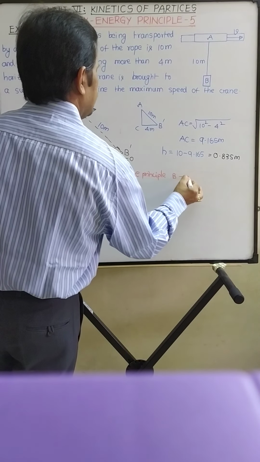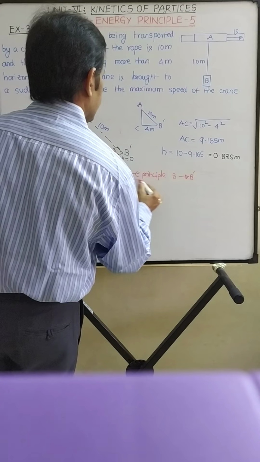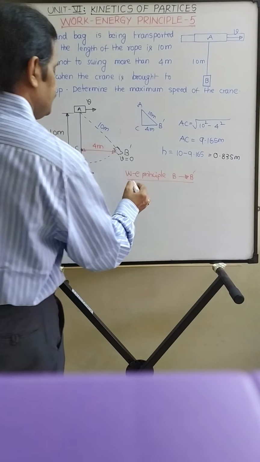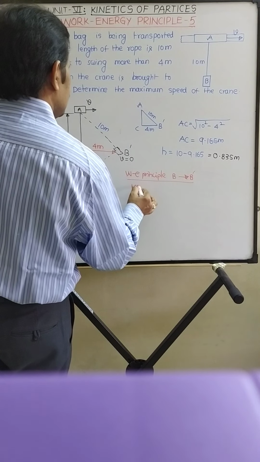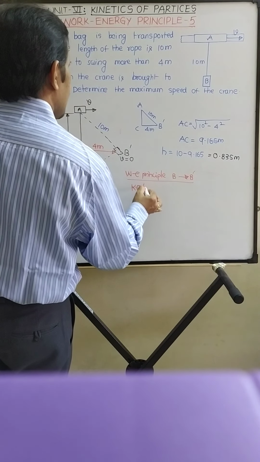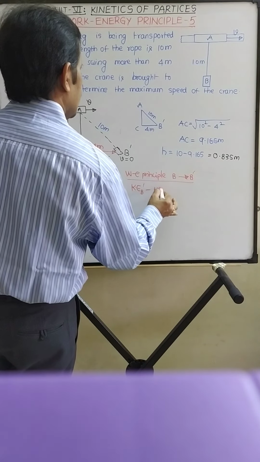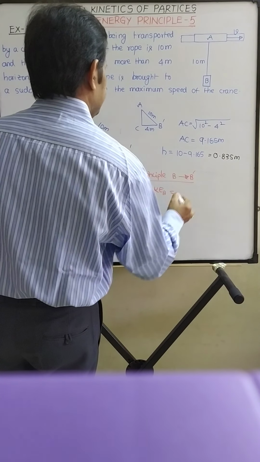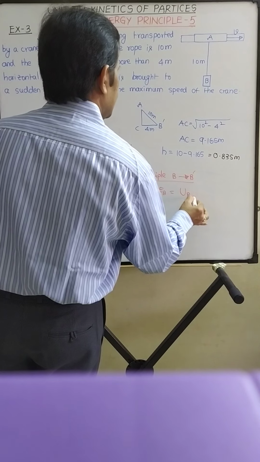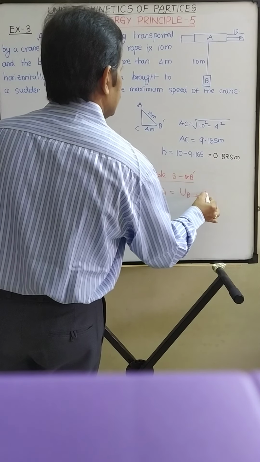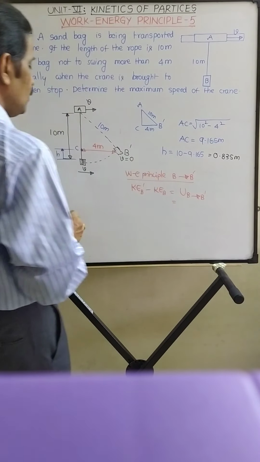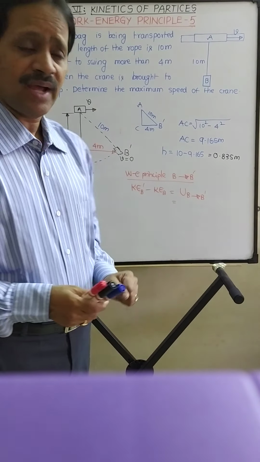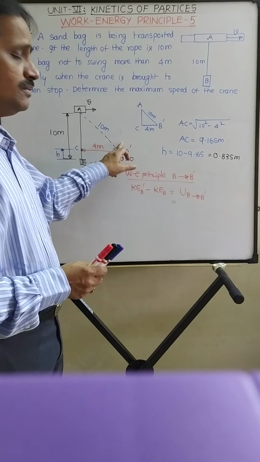Now using the work energy principle from B to B dash. See here, B is the initial position, B dash is the final position. So the change in kinetic energy, kinetic energy at B dash minus kinetic energy at B, is equal to the work done between the positions B and B dash. Now what are the forces acting on the bag when it is moving from B to B dash?